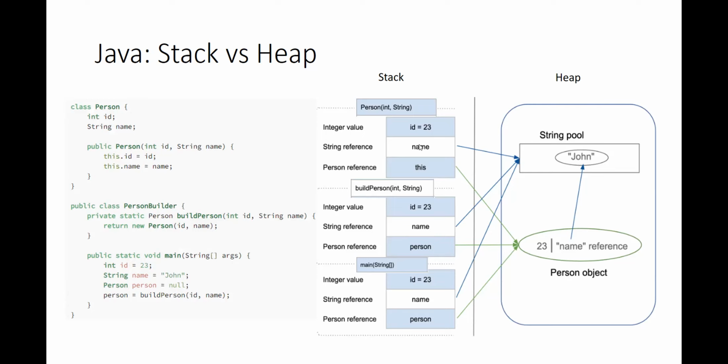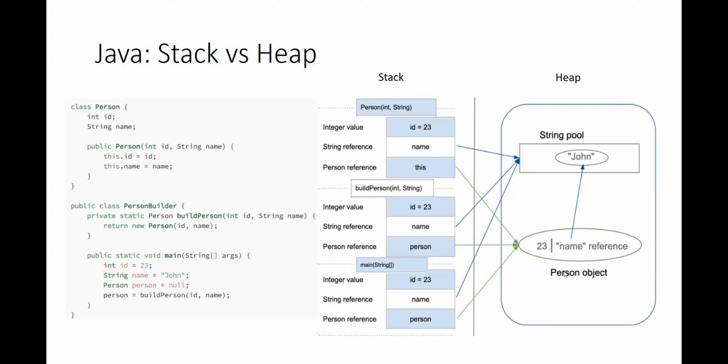String name is pointing to the same object. But apart from these two local variables, which are local to this person constructor, we also have this ID and this name, which is binding to this person object itself.